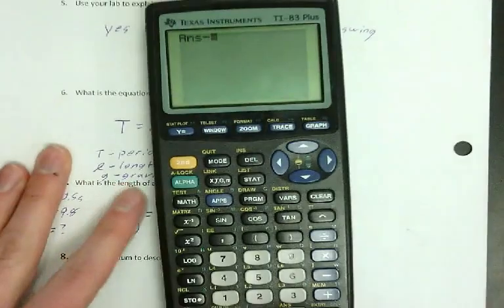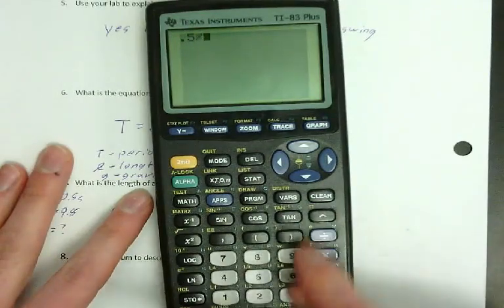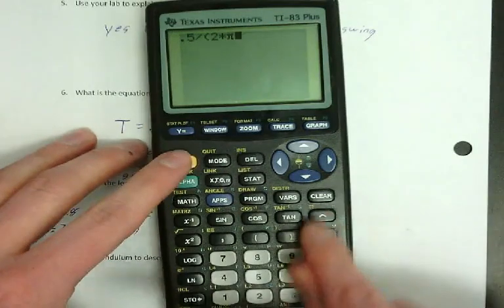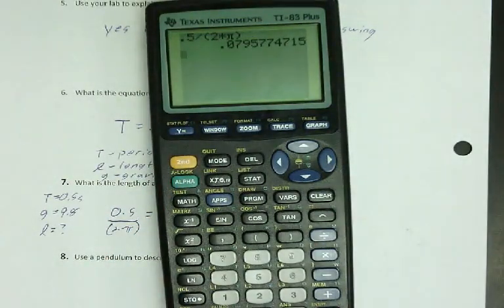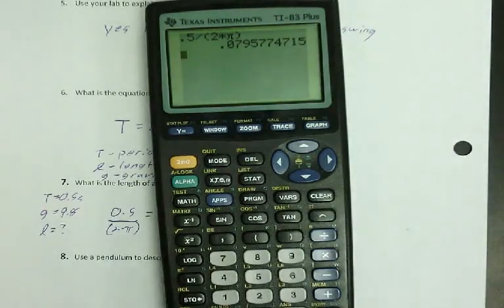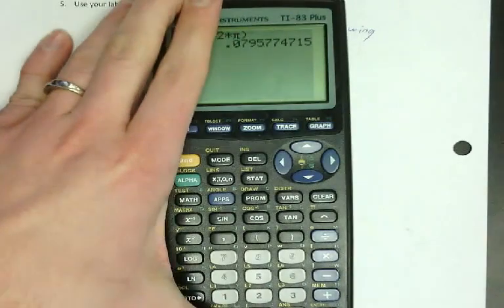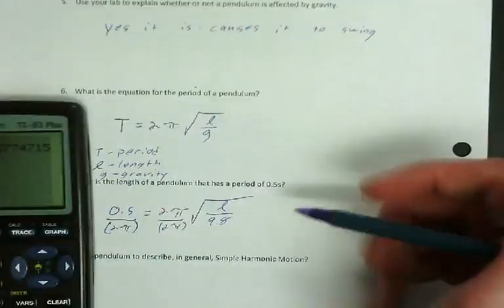So we're going to take 0.5 divided by parentheses 2 times pi, and that gives me 0.0795774715. I'll just round it to 0.080.